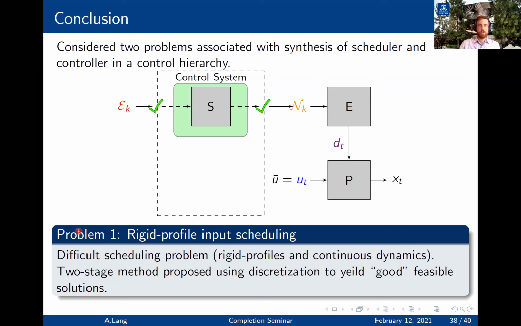And it was a difficult scheduling problem because we had the constraint on the profile inputs being rigid, and it was also because of the continuous dynamics. We proposed a two-stage method using discretization to yield good feasible solutions.